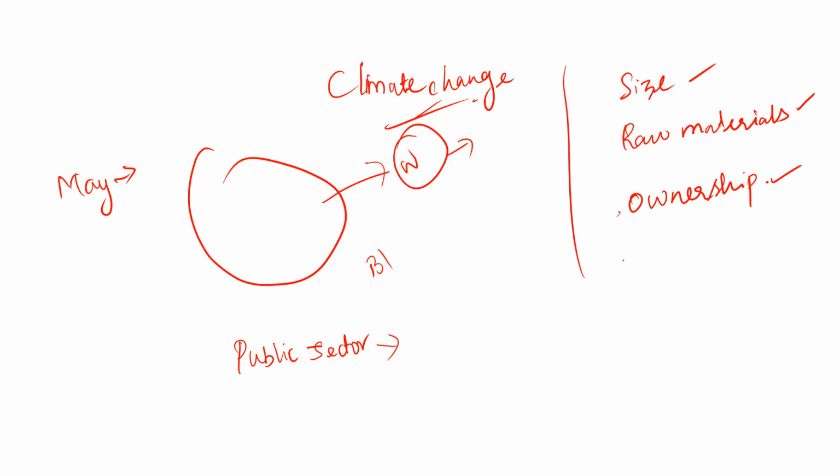So based on the ownership, we have public sector, private, joint, then cooperative sector, fine. So public sector, private sector, joint and cooperative sector based on the ownership.